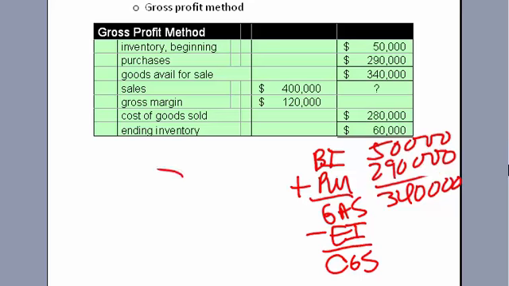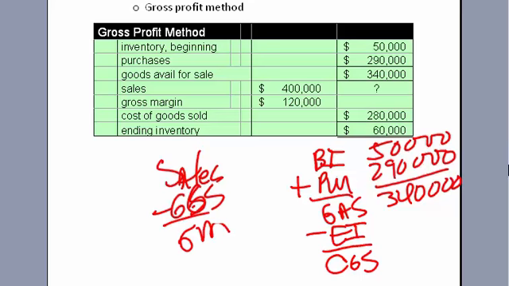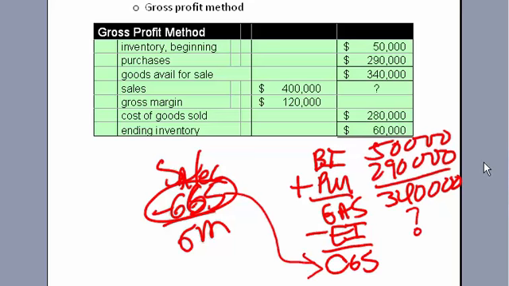We're doing sales minus cost of goods sold is gross margin. We discovered what that number is. We popped it in down below, and therefore we can back into that ending inventory. All right, so hopefully that's a little clearer the second time. A little rough the first one, I understand.